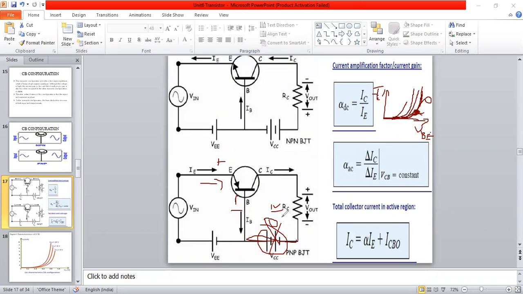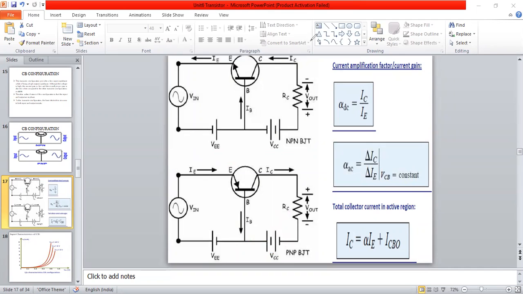If this voltage is increased to around 10 volts, it will conduct right away. That is called the input characteristics.